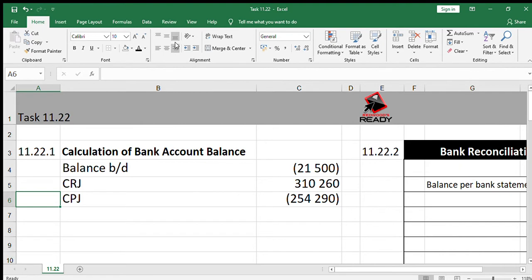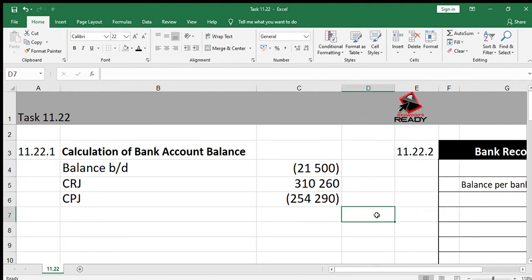The bookkeeper entered the amount incorrectly as 890. So that means that our bookkeeper made a mistake in our books. The correct amount is actually 980 and not 890. You would have to work out the difference between those two amounts, so we're just going to work out 980 minus 890. Now this check was recorded as 890 in our books, so our CPJ had it as 890.